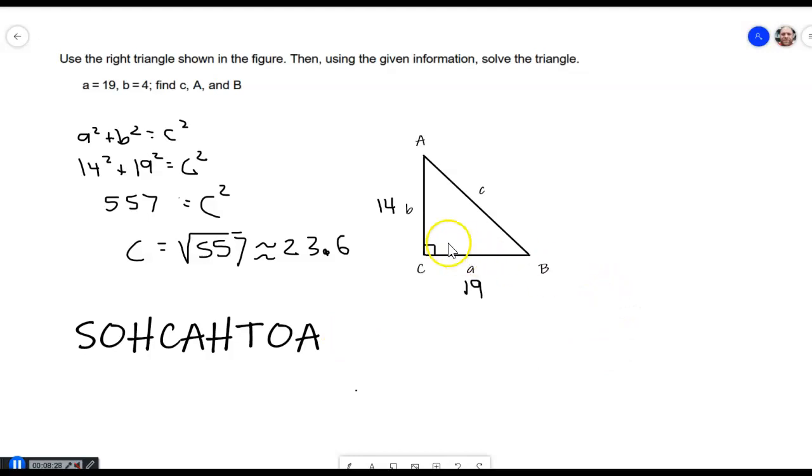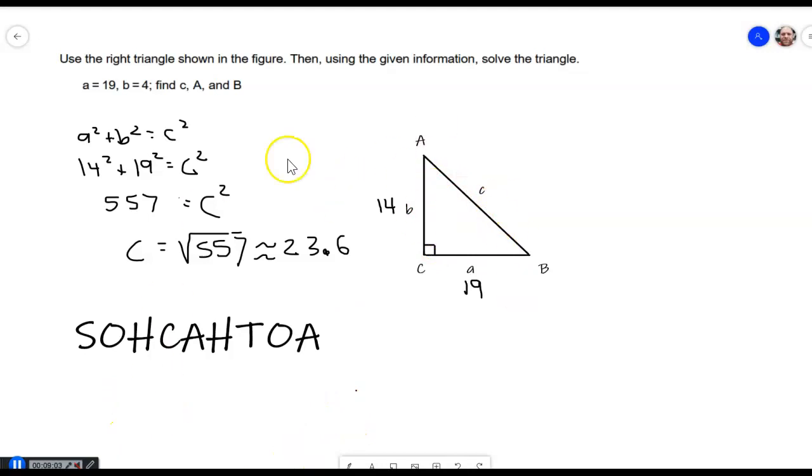Technically, if you look at a triangle, there are 3 sides. So there are 6 total combinations of one side over another side, and there are 6 total trig functions. That's why we have 6 trig functions. Because I could have C over B, B over C, C over A, A over C, B over A, and A over B. That's 6 total combinations of one side over another side.